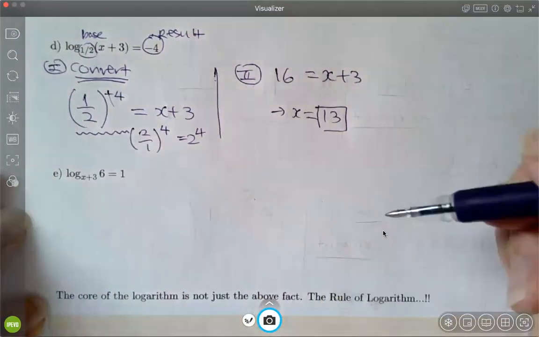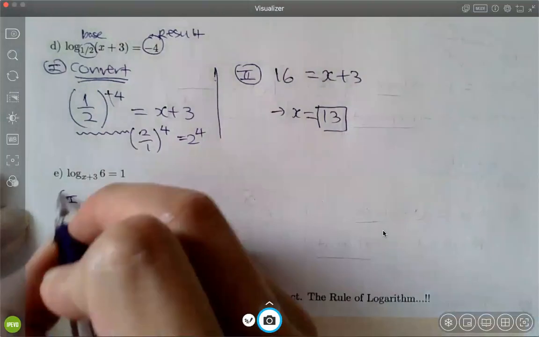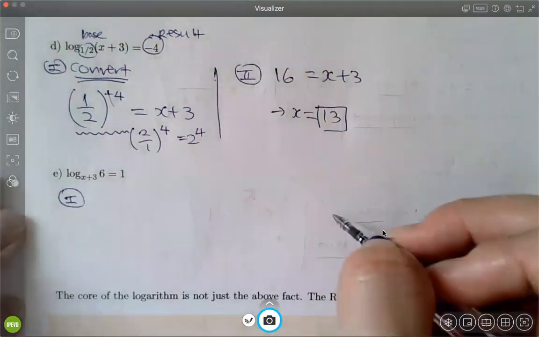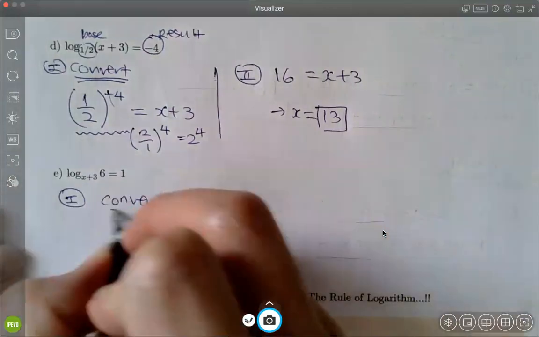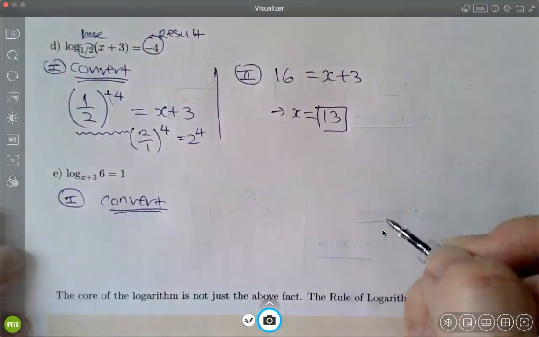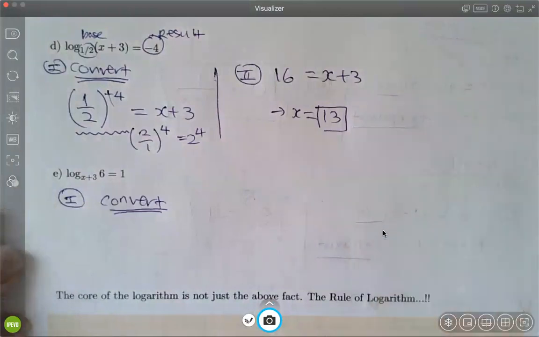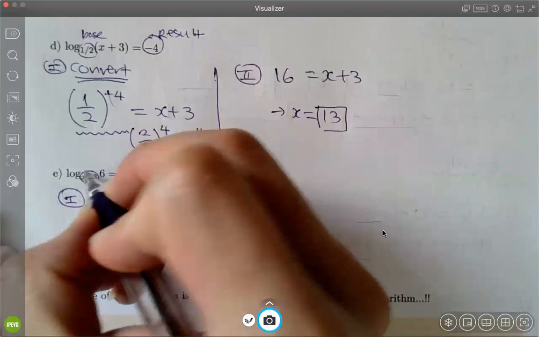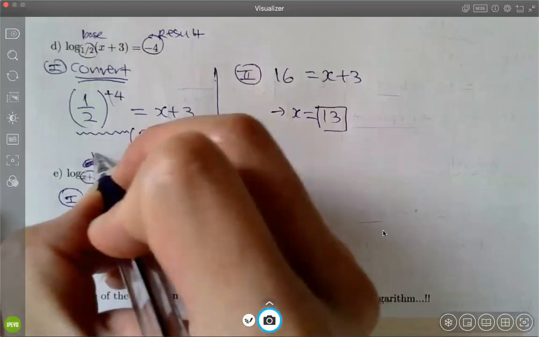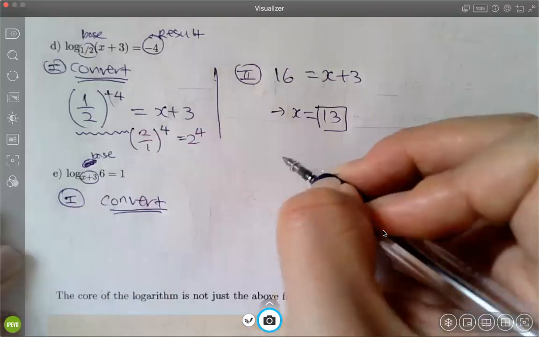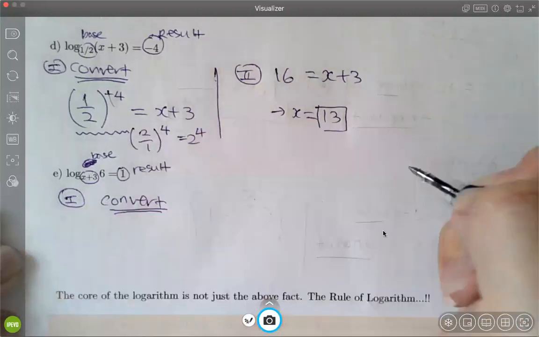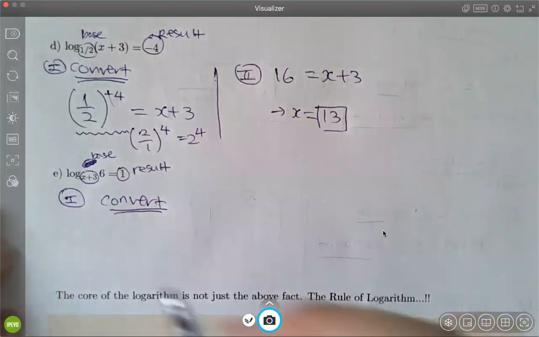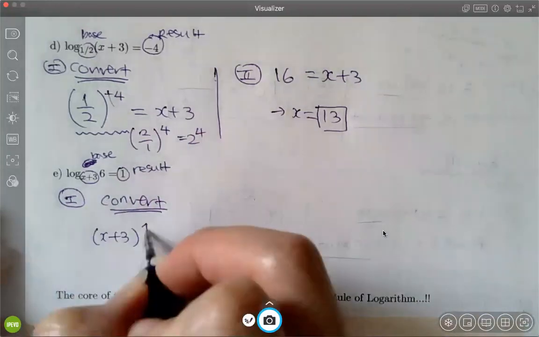And now, part E, log base x plus 3 of 6 is equal to 1. Now convert this into the exponential form. Here the base is x plus 3, and then 1 is the result, right? So we have x plus 3 to the first power is equal to 6.